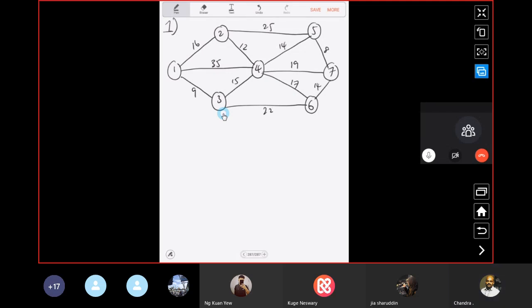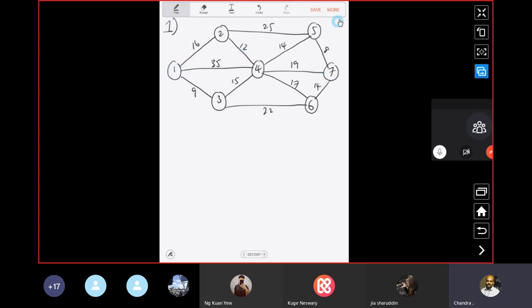Our aim is to find the shortest route. If you are in town 1, what is the shortest route for you to go from town 1 to town 2? If you are in 1, what is the shortest route for you to go to 5?